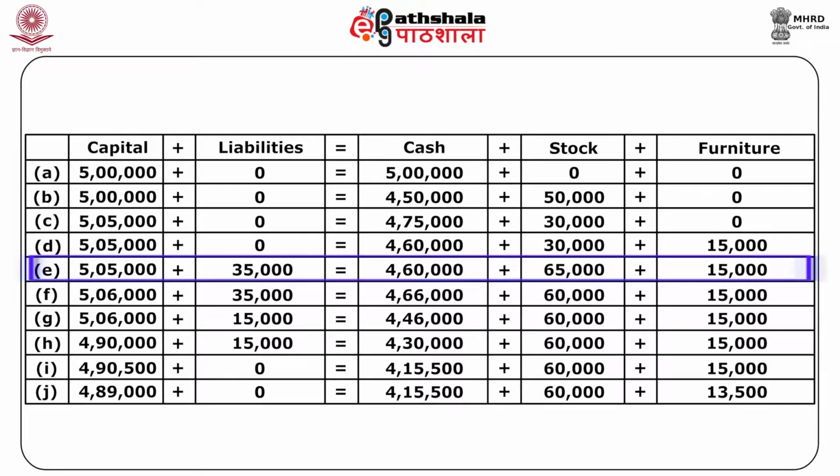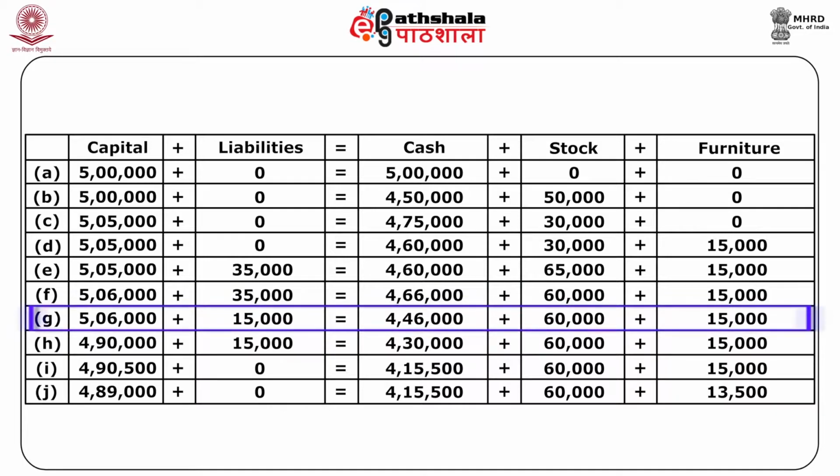plus 15,000 of furniture. Next, F part, 5 lakh 6,000 of capital plus 35,000 of liabilities will give you cash of rupees 4 lakh 66,000 plus stock of 60,000 plus furniture of 15,000.